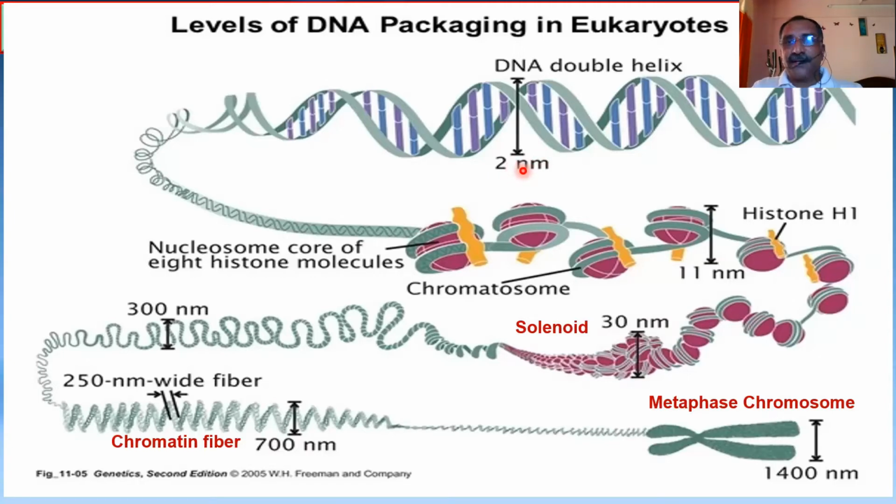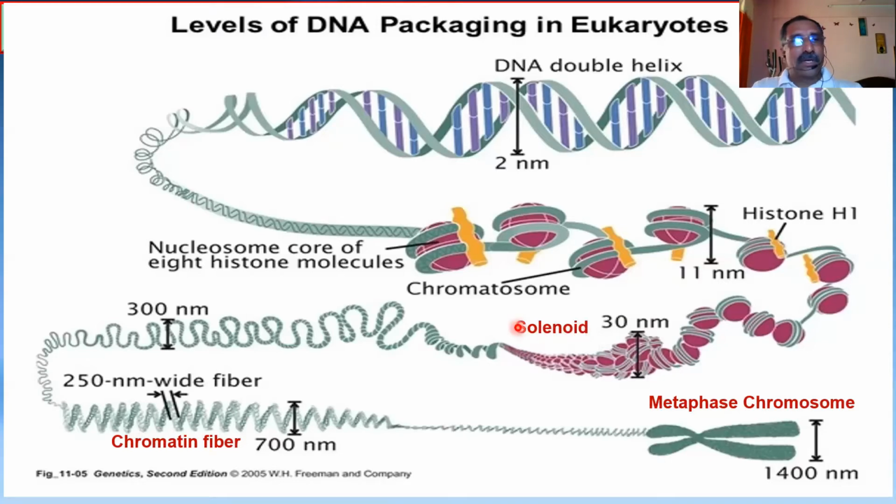You just imagine, earlier it was 2 nanometer. Because of coiling, it has become 11 nanometer. Because of supercoiling, the 11 nanometer becomes 30 nanometer. That means its thickness increased. Now this 30 nanometer thick supercoil of nucleosome, we say solenoid. Solenoid.